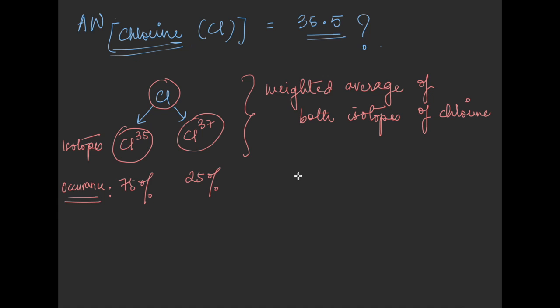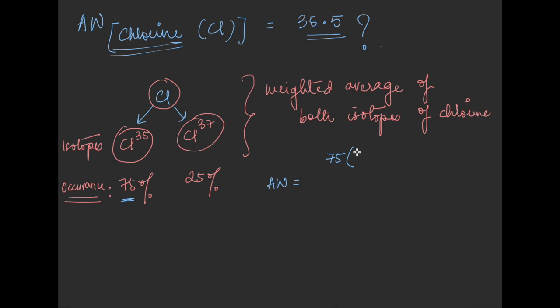So to calculate the weighted average in the case of chlorine, to find the atomic weight, we are going to find the total mass of 100 atoms. Out of 100 atoms, 75 of them are going to have a mass of 35.